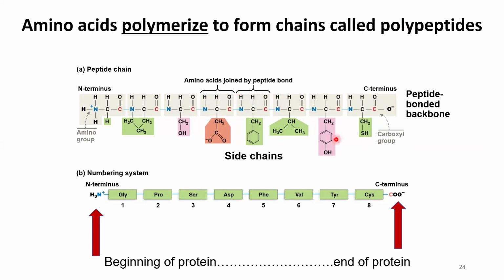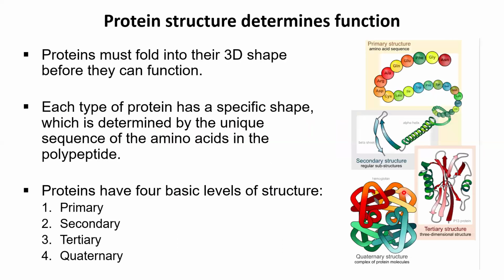They have different side chains, and this N terminus and C terminus. It's the beginning towards the end of the protein. Okay, so if we see the N terminus or the amino group terminus, that's your beginning of the protein, and then the C terminus or the carboxyl terminus is the end of that protein.